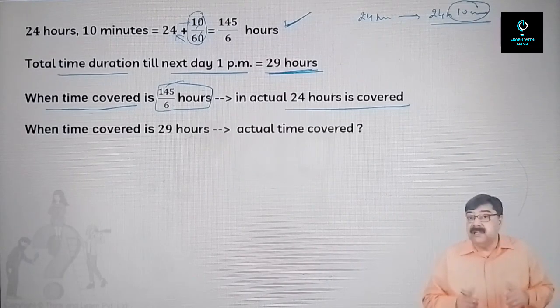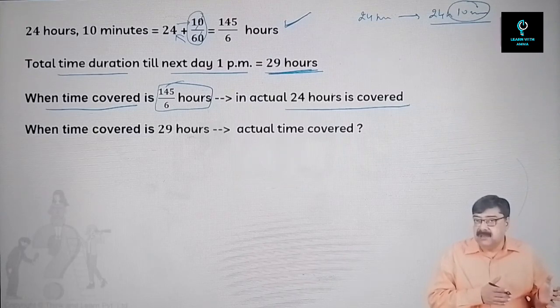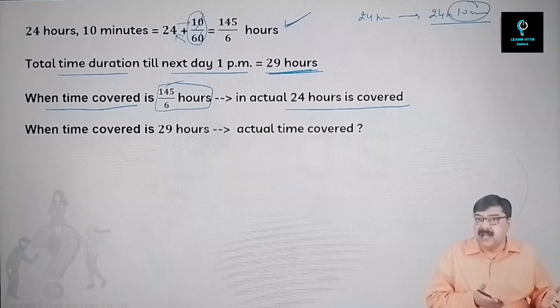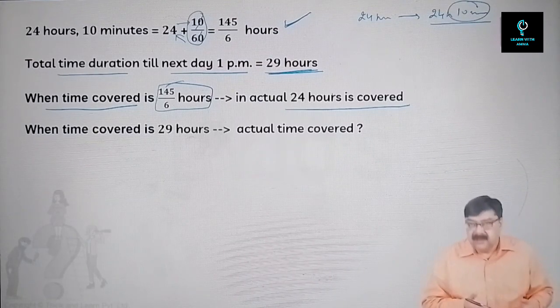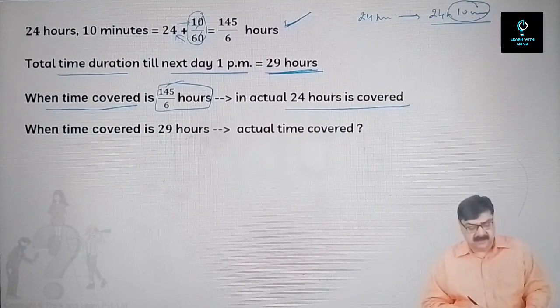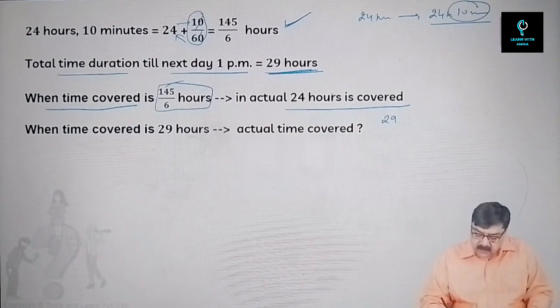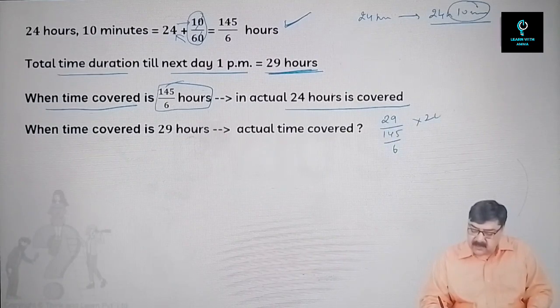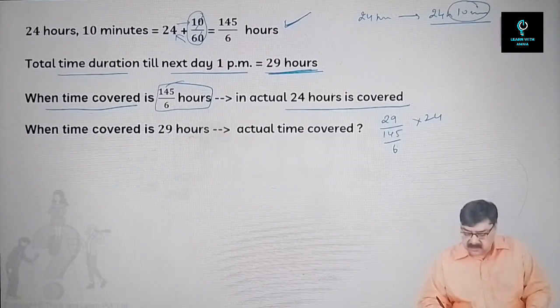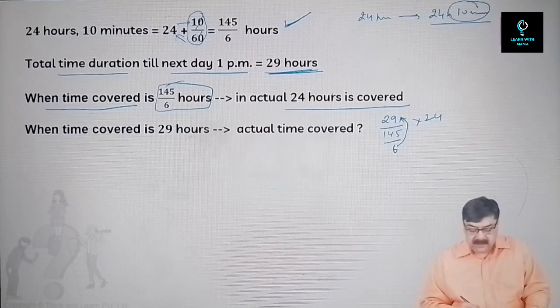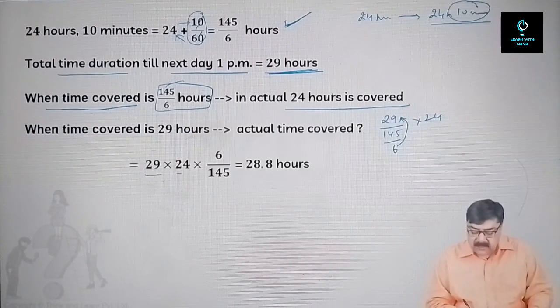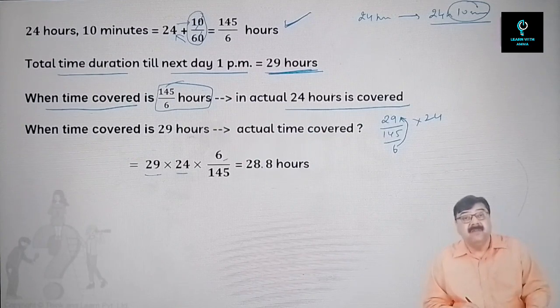Now, when the time covered by the clock will be 29 hours at 1 p.m., then what will be the actual time covered? So simply it should be 29 by 145 by 6 into 24. 6 goes up. So on resolving this, we get 29 into 24 into 6 by 145.